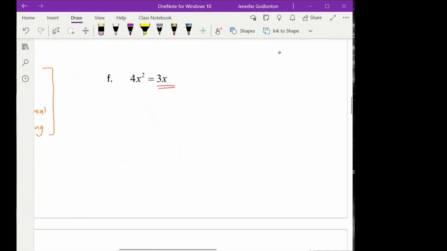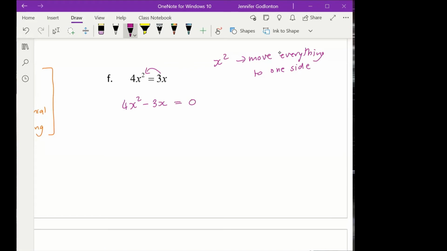So the first thing that we needed to see here is that we've got an x squared, which is a quadratic. And so when we see an x squared, we need to move everything to one side. That's very important because we need to make it equal to 0. So our first thing is we're going to keep that 4x squared and move our 3x over, so it becomes -3x and is equal to 0.